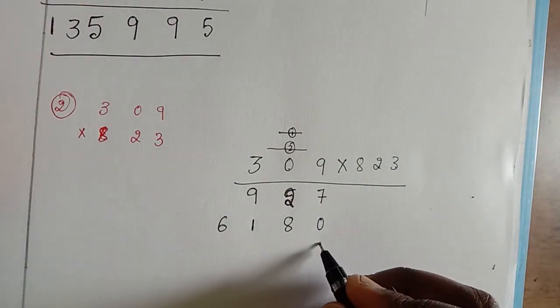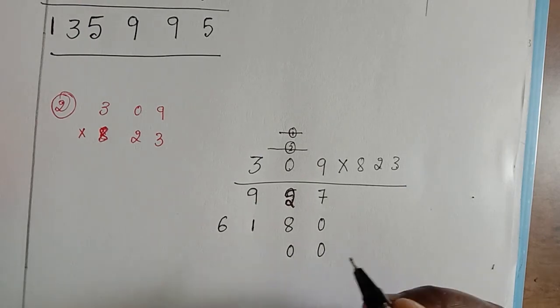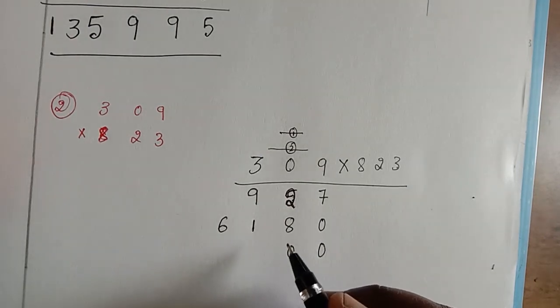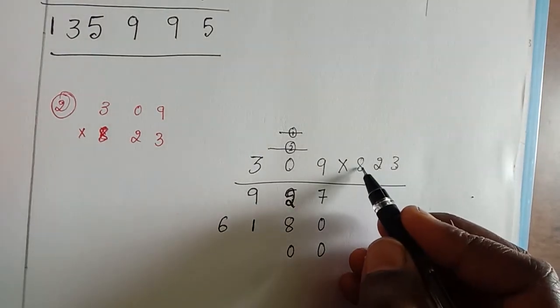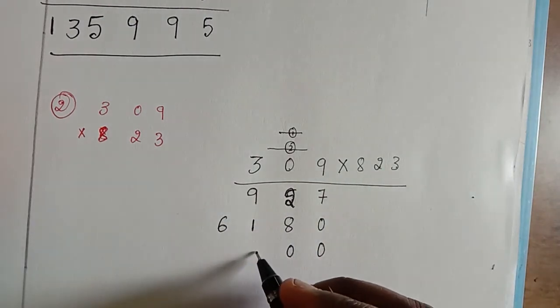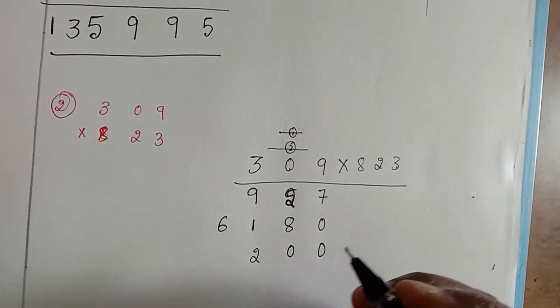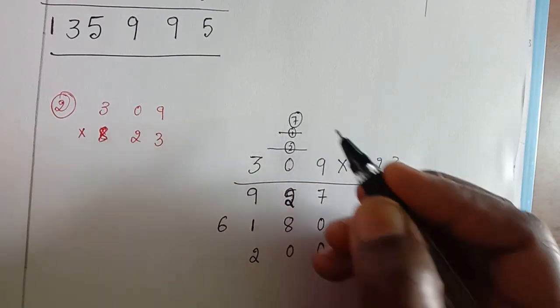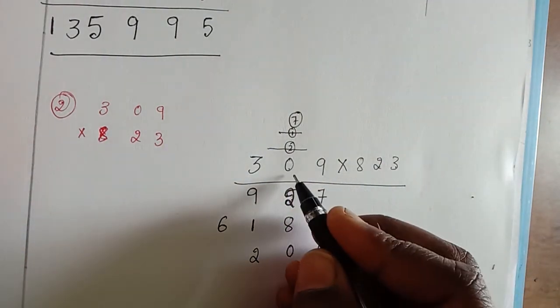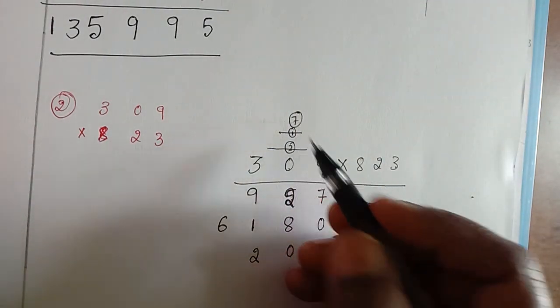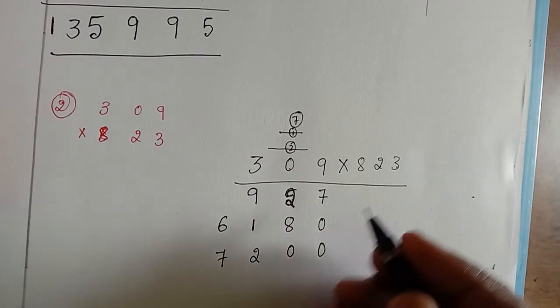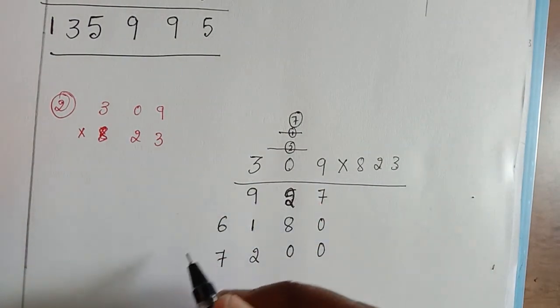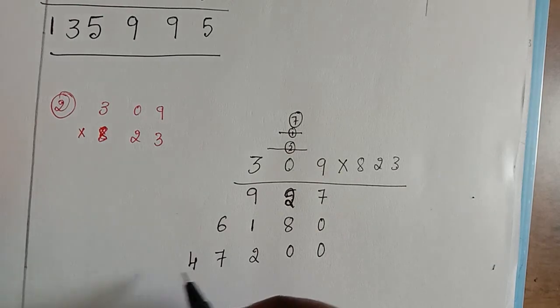Then ones place 0, tens place 0. Start writing the product from the hundreds place. 8 9s are 72. 2 write and 7 carry. 8 zeros are 0 plus 7 is 7. 8 3s are 24. 4, and 2 goes to the next place.